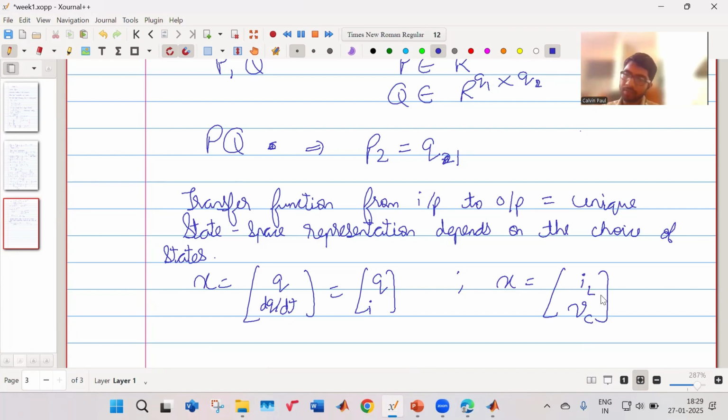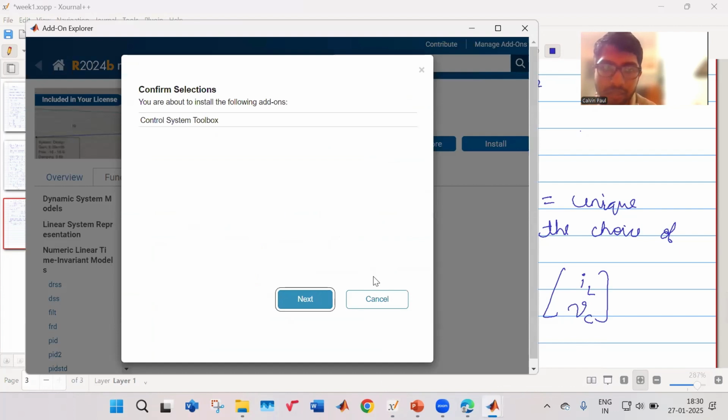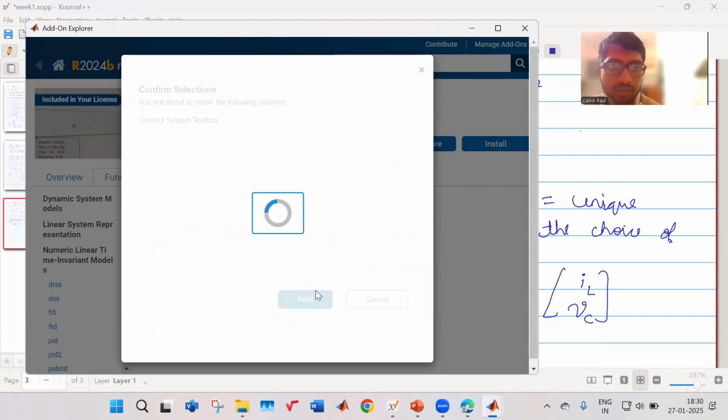This is more frequently used, because when we do measurements, we don't see charge, we see the current and the voltage. No one thinks in terms of charge. So this is a more practical way of representing a system. We will also try to represent this.